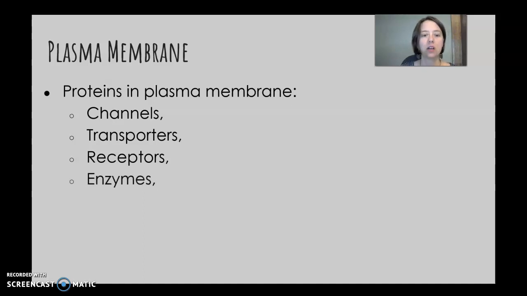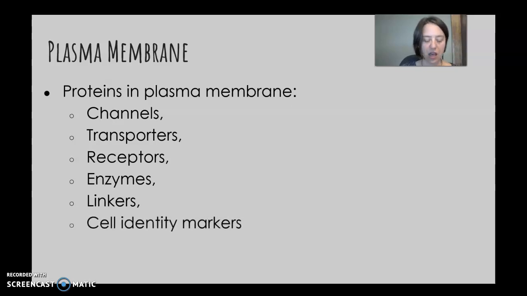Enzymes, which we know are important for catalyzing chemical reactions. And then there's linkers that link maybe one cell to another cell. And then cell identity markers, particularly important in your immune system. So you're like, this is me, don't kill me, white blood cell. Like I said, on page 41 was a nice table of those.